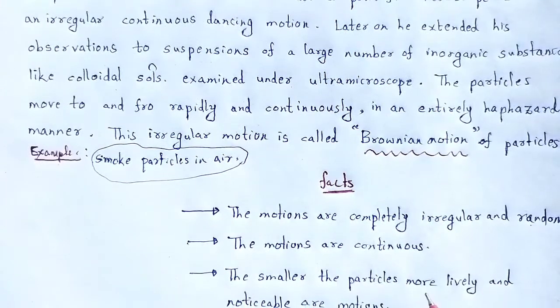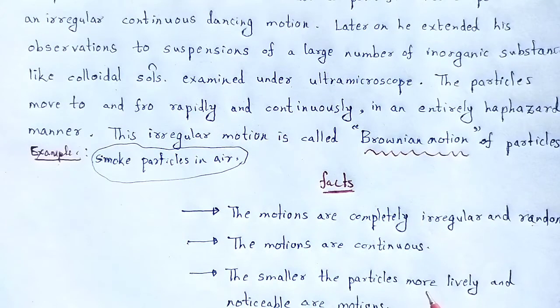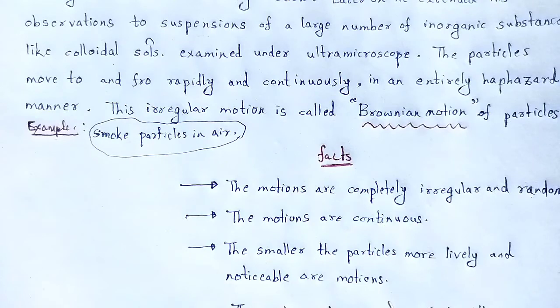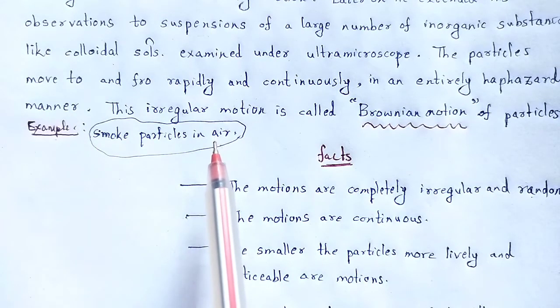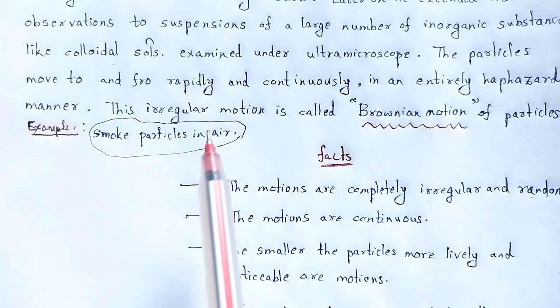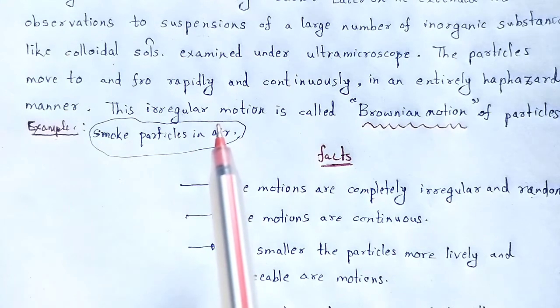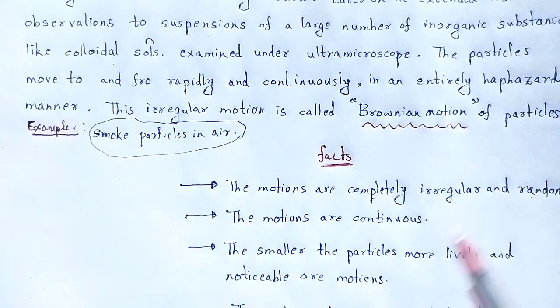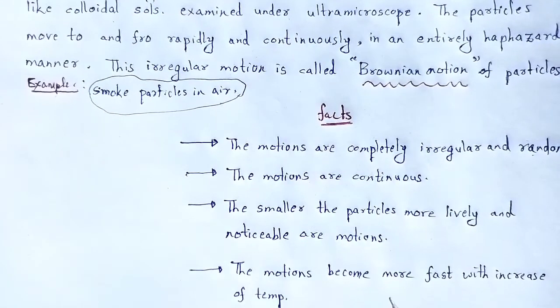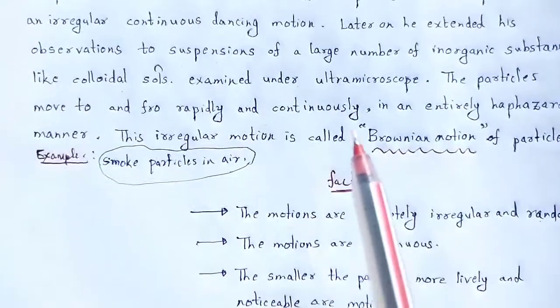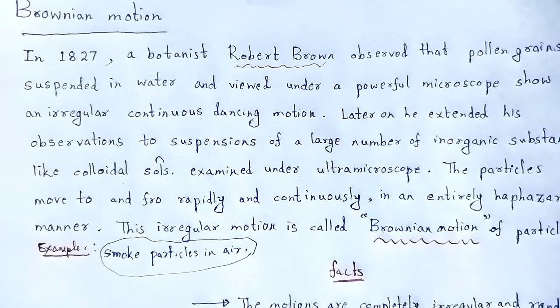The smaller the particles, the more lively and noticeable the motion. If the particles are very small, that motion is easily noticeable. The motion becomes faster with an increase of temperature. This is the basic idea of Brownian motion.